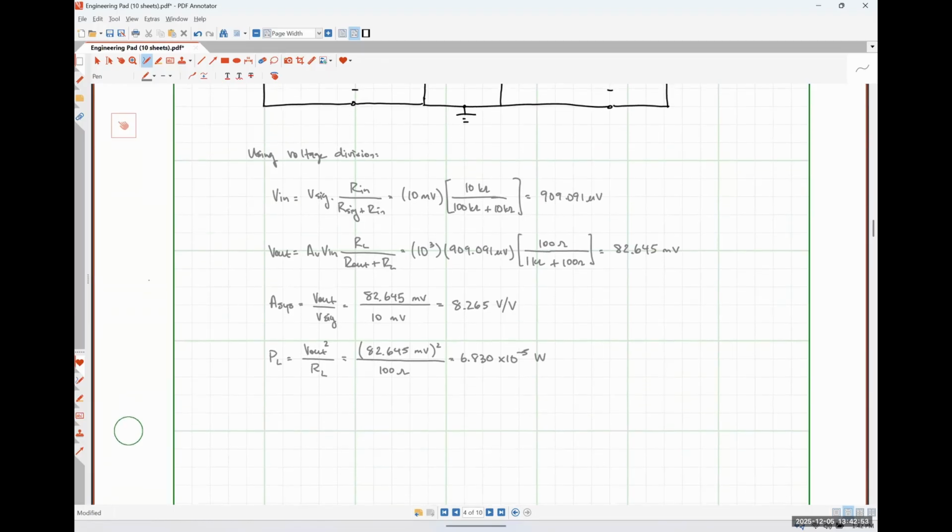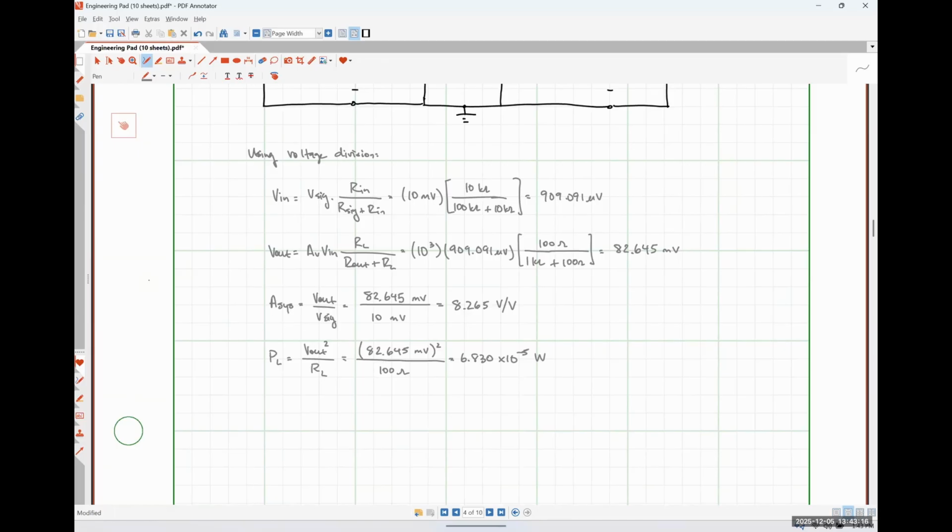I want us to look at a couple of things though really quickly here. And I know that I'm almost out of time. So my amplifier's gain in this case was 1,000, right? But my system gain was only 8.265 volts. So that's actually a significant reduction in gain overall than what my amplifier is capable of providing.